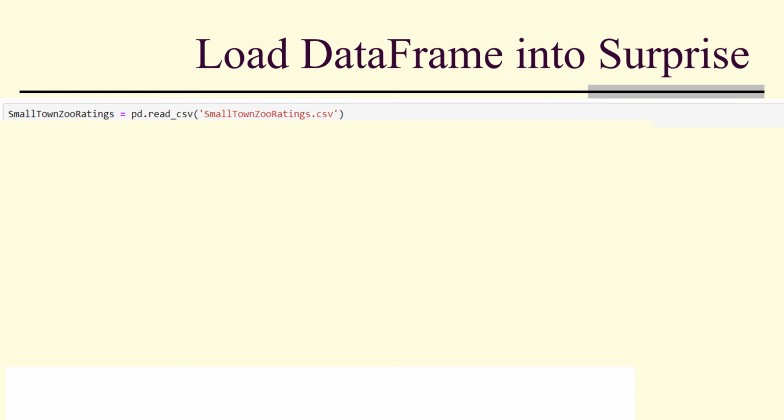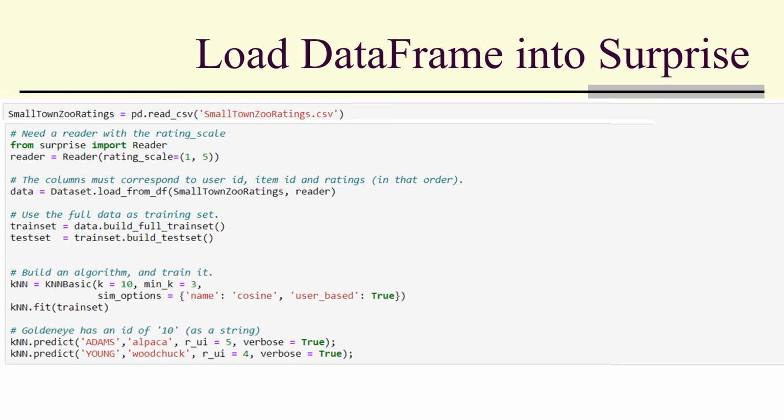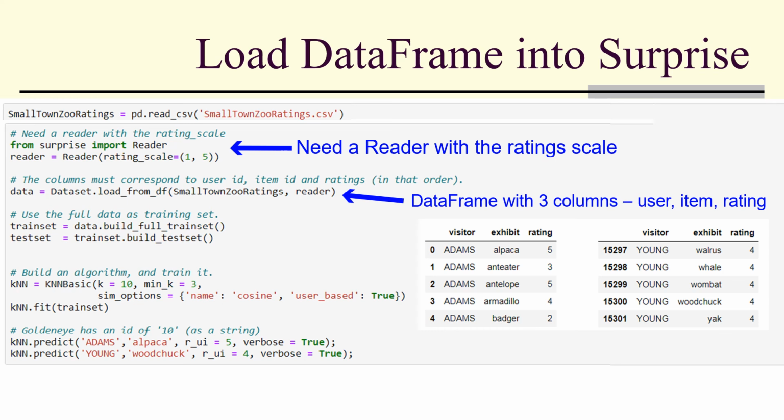So here's the actual code. We start out by reading in the data as a data frame. Now we need to define a reader and tell it what the rating scale is. Here's a data frame with 3 columns. So this is the head and tail of it.